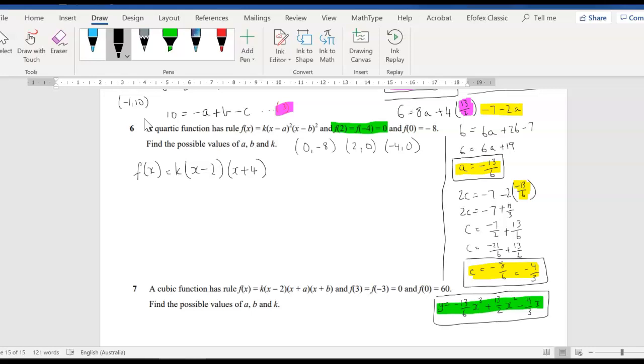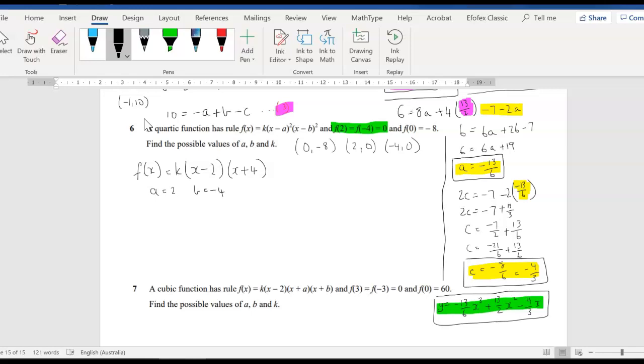So your values are, in this case, if I was doing them in that order, 2 and negative 4. So remember, negative, negative puts a positive there. So that means that in this case, A is equal to 2 and B is equal to negative 4.